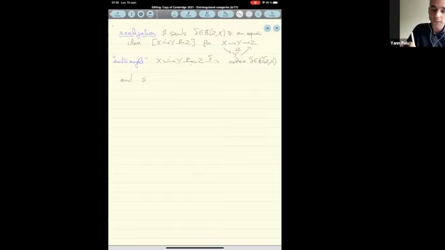So S of delta is the equivalence class of I and P.